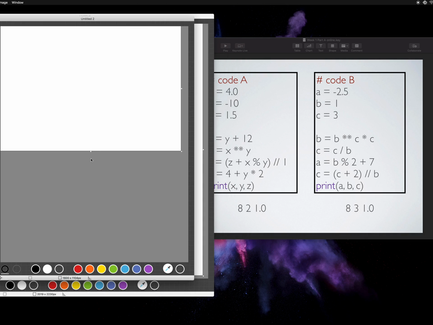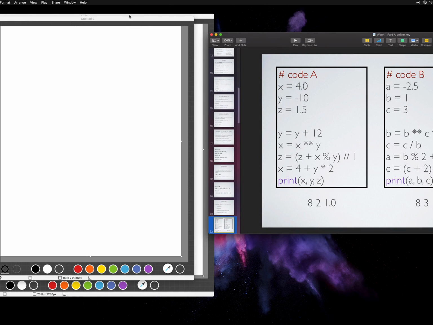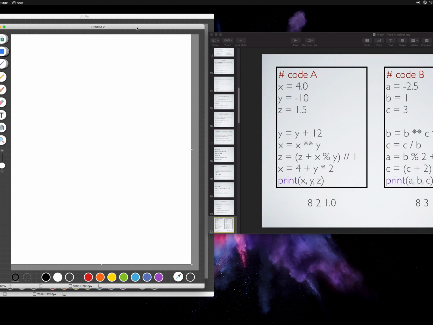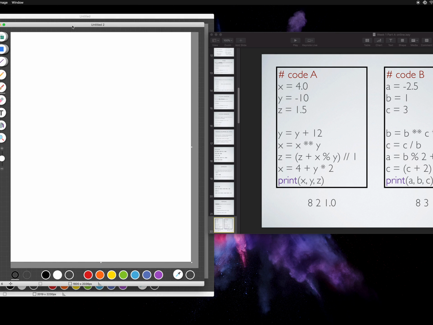Alright, so by now you know that I like to do these variable box drawing diagrams. I do think they are helpful, so please do them. We start off with three variables, x, y, and z. So let's go ahead and draw those boxes. These values: x starts as 4.0, and that is a floating point value, because it has that .0.